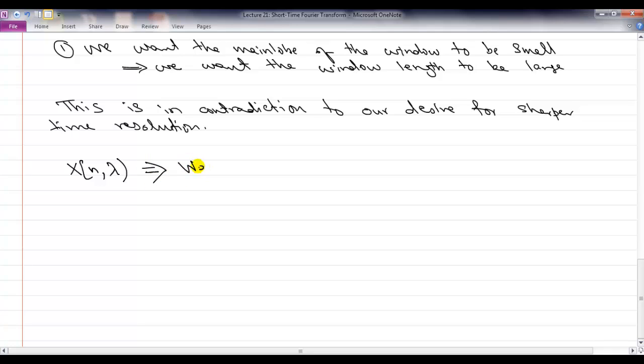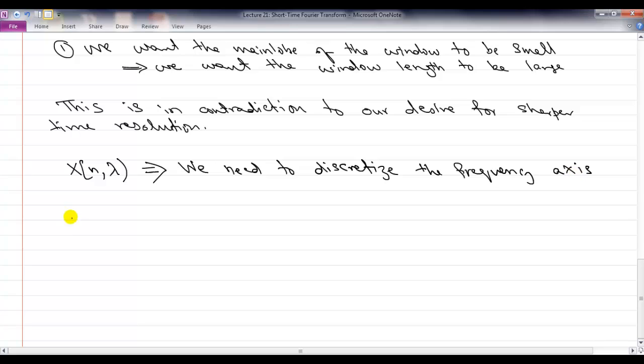So we need to discretize the frequencies axis. And for that, we don't actually have to reinvent any theory. We can just appeal to our result about the sampling of the DTFT of a finite duration signal.